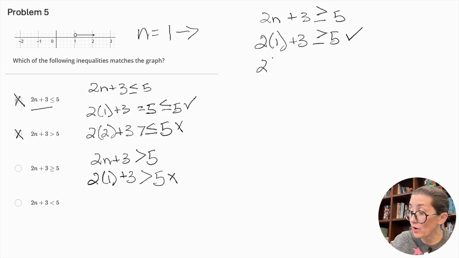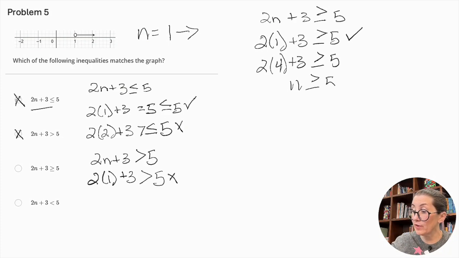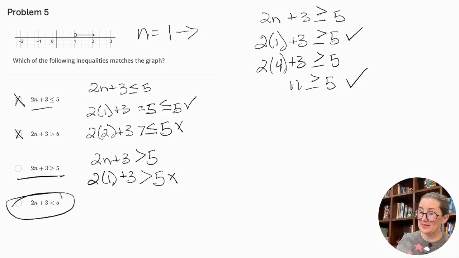Why don't we try 4? 2 times 4 is 8, plus 3 is 11, is greater than or equal to 5, and that is true. So this is probably the correct one, but let's look at the last one.